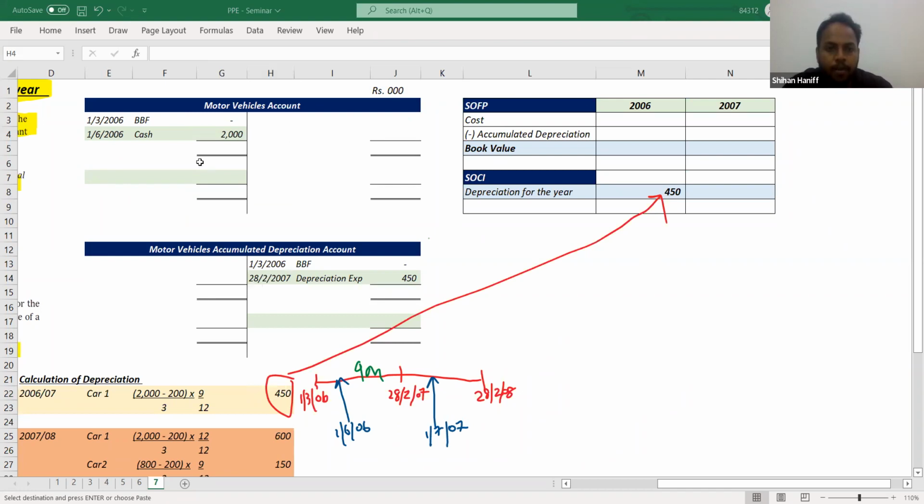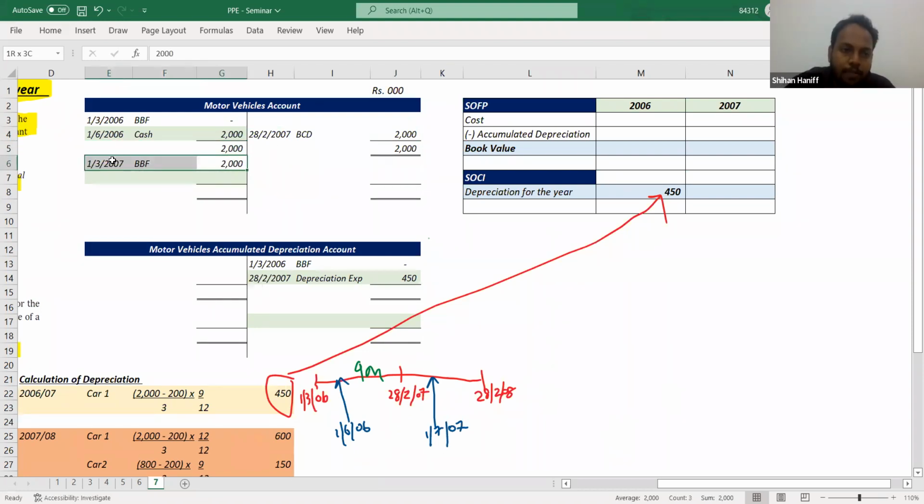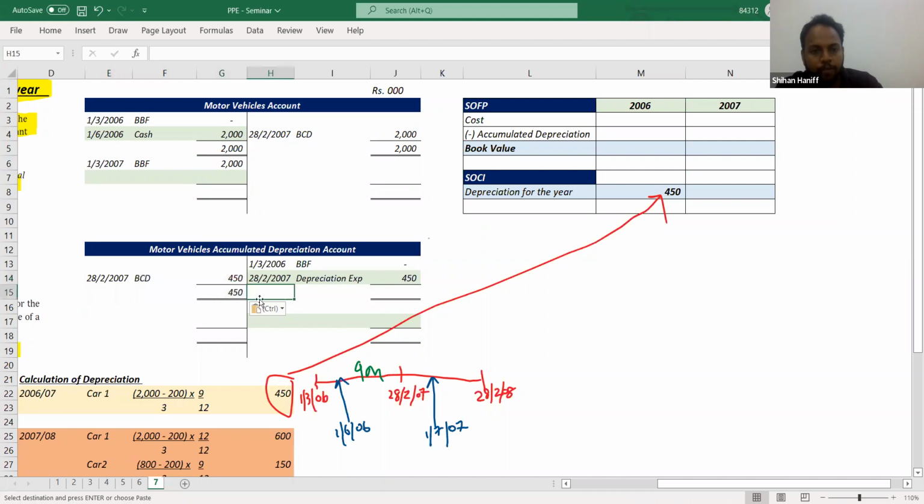Closing balance here is 2000, and the opening balance for next year, 1st of March 2007, is 2000. So next year the beginning balance of the motor vehicle is 2000, and accumulated depreciation balance carried down 450, balance brought forward 450.